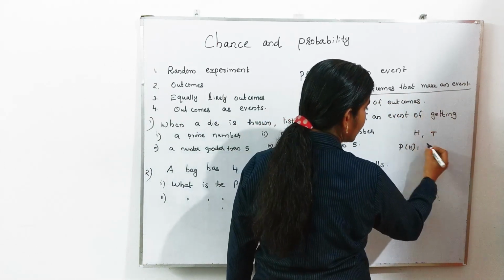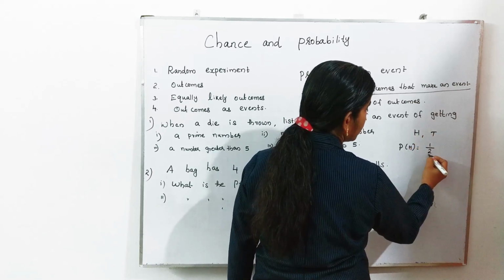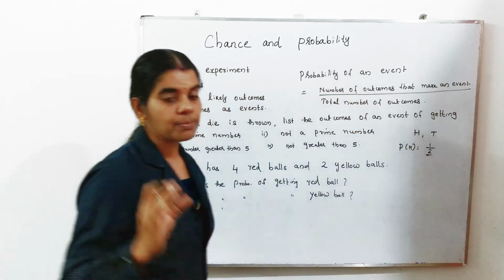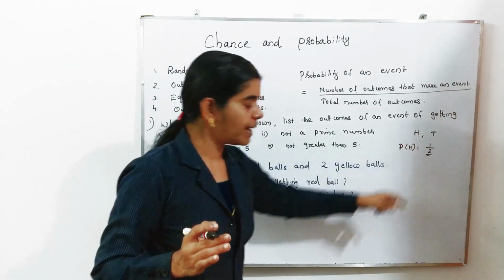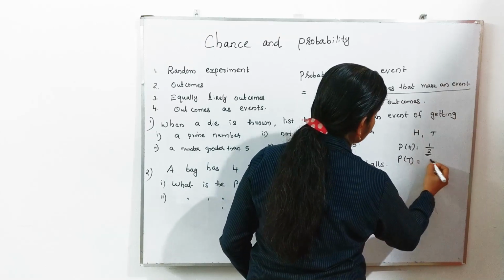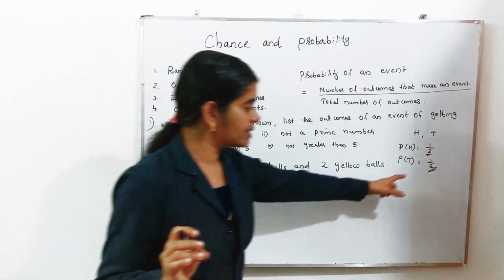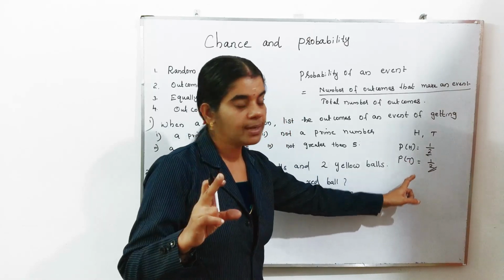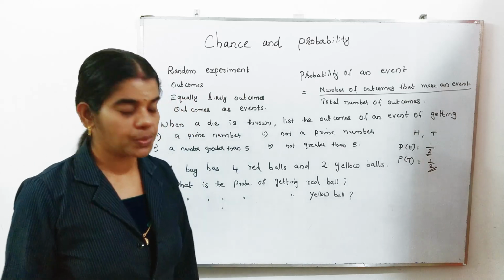How many total outcomes? 2. The probability of getting head, P of H, is the number of outcomes that make the event. Head is possible only one time. Total outcomes are 2, head and tail. Therefore probability of head is 1 by 2. Probability of tail, P of T, will also be 1 by 2. Total outcomes head and tail is 2, and tail is only 1.